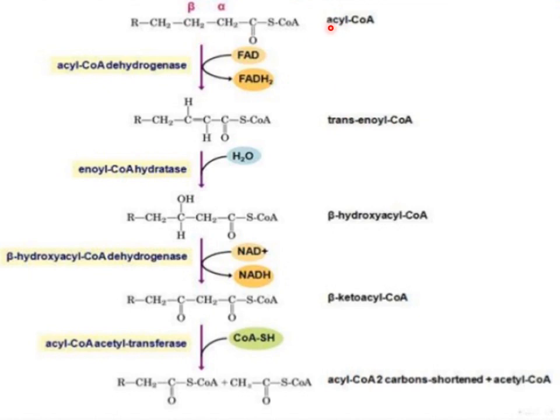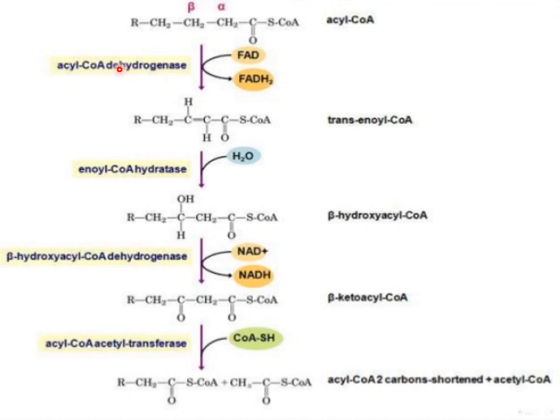So here acyl CoA, in the presence of acyl CoA dehydrogenase, is converted into trans-enoyl CoA, and again this product of the first reaction acts as a raw material for the next step. So this trans-enoyl CoA is converted by the use of enoyl CoA hydratase.